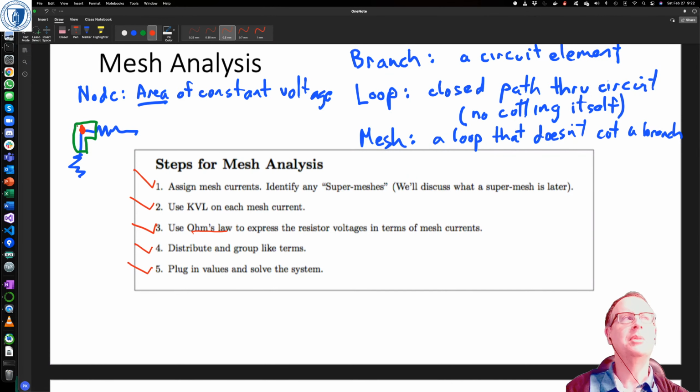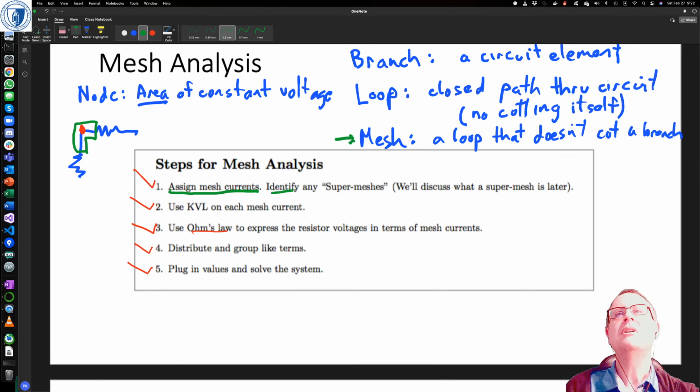And you'll see that when we talk about mesh analysis. But the whole connected area of wires is the node. Okay, so first thing is to, as I said, assign the mesh currents. So now we've reviewed what a mesh is.